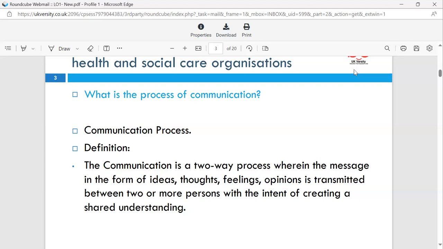When we talk about it being a two-way process between you and one or more people, if it's a patient and you, what is the communication process there to establish? If you've met a patient for the first time, Vanessa, if you have good communication skills, what does it enable you to do?